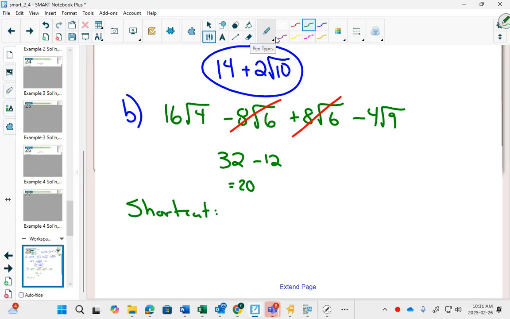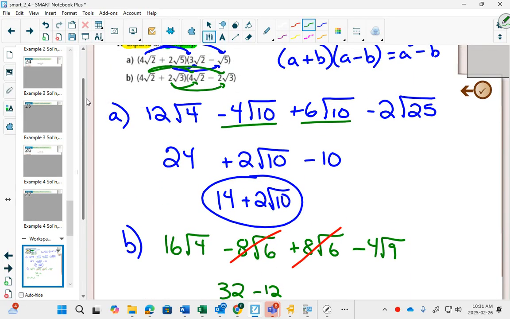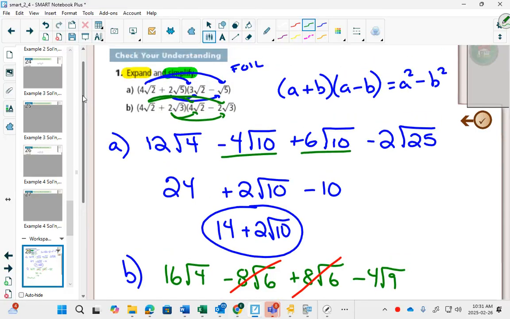If you notice it's a difference of squares, you have exactly the same thing, but with a plus sign and a minus sign. Then it's just going to be the first one squared minus the second one squared when you multiply it out.